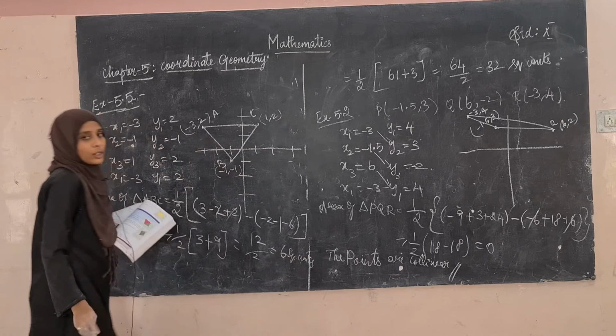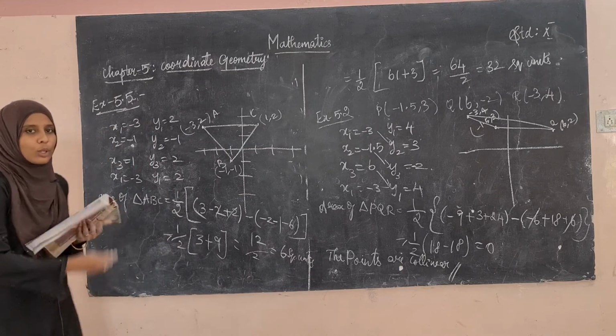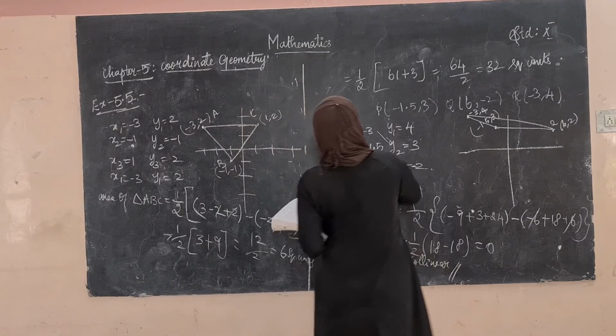Area of the triangle is 6 square units, but you have to find the area of the floor. So the floor is covered with 110 triangles.